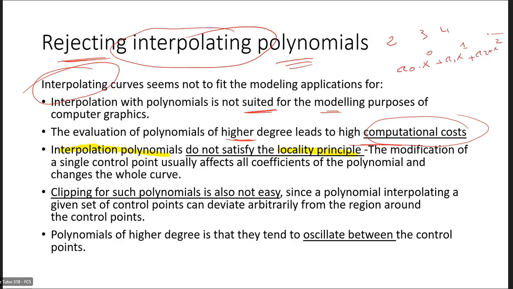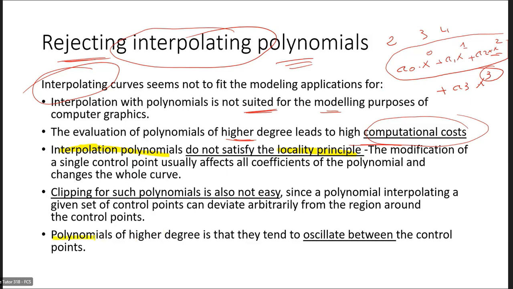So here we have an example of a polynomial with order 2. We can have a polynomial with order 3, so we can add plus, for example, a3 multiplied by x to the power of 3. The highest power is the order of the polynomial.